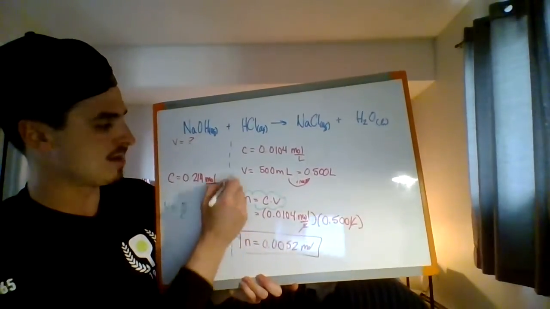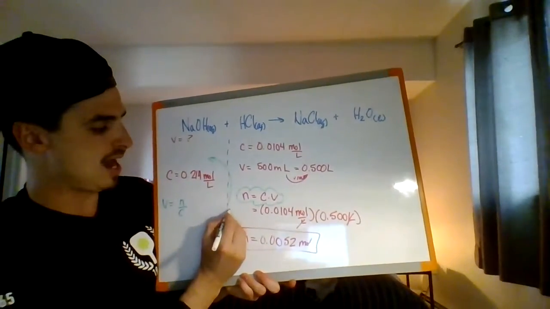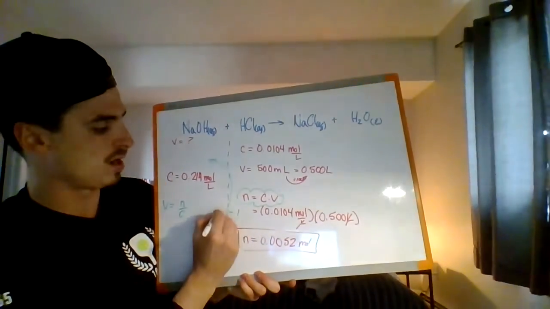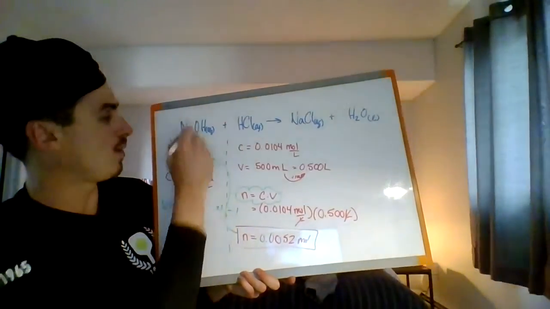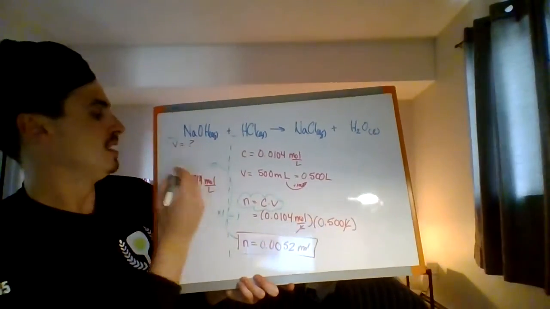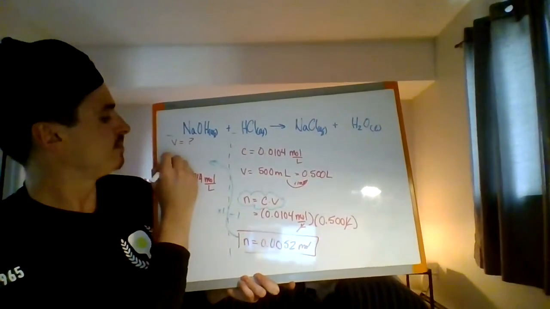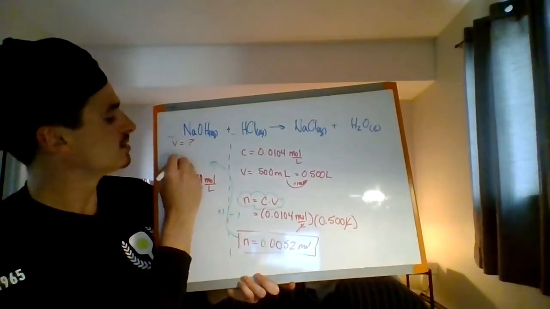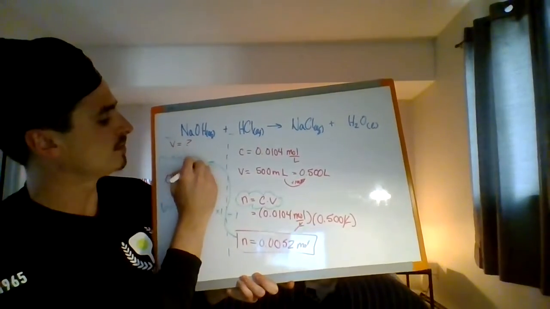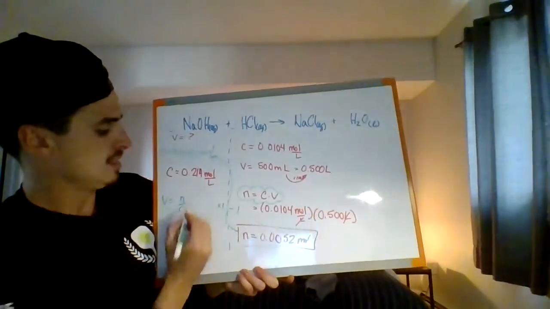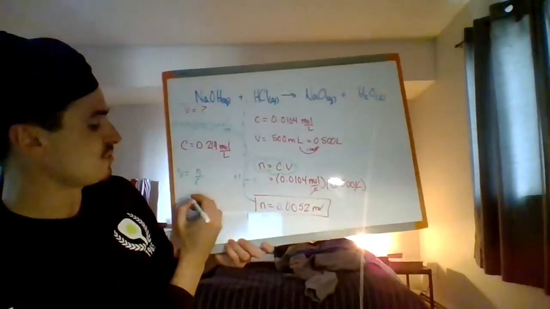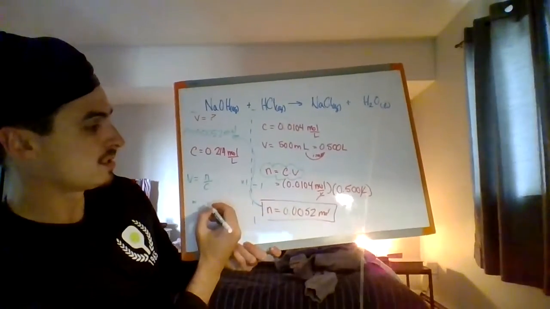So I have to ride my molar coaster. I have to divide by where I start, which is 1, and multiply by where I'm going, which is 1. So the moles are the same. This is what we call a 1-to-1 relationship.